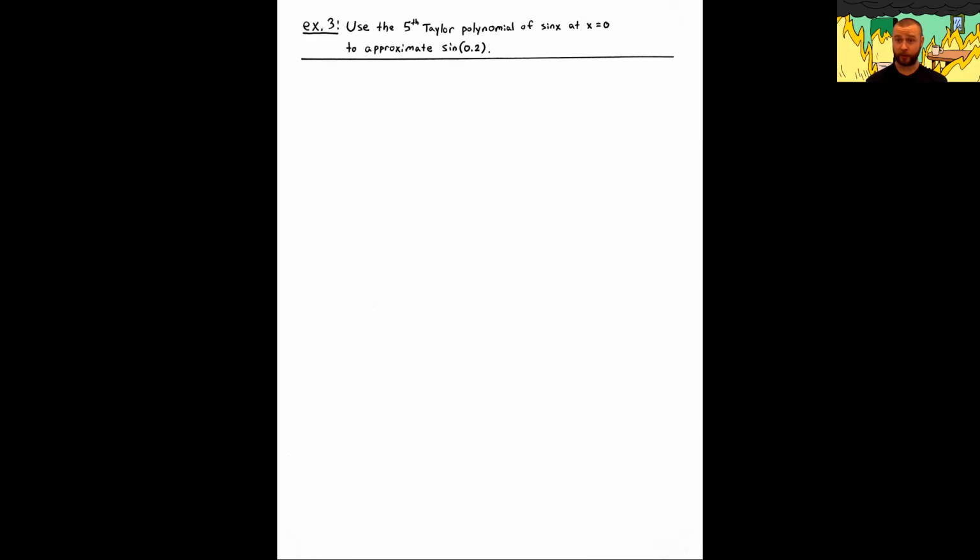So this is kind of a Maclaurin series version. And we're going to use that fifth degree Taylor polynomial of sine of x to approximate the function value sine of 0.2. And again, in calculus, we by default interpret the input to trig functions as being angles in radians. So we're approximating here sine of 0.2 radians.